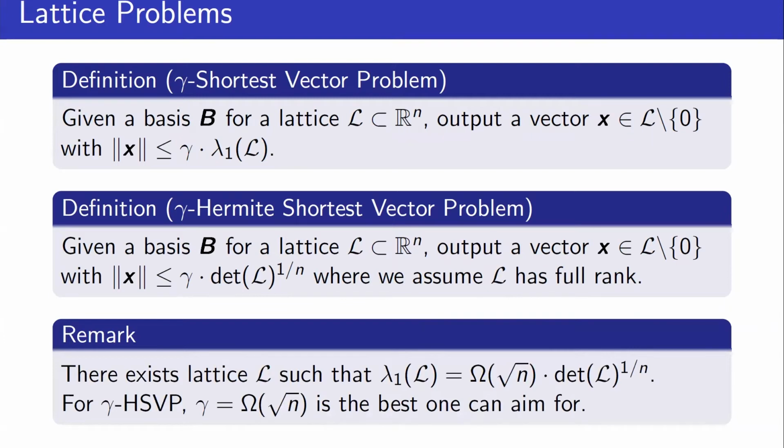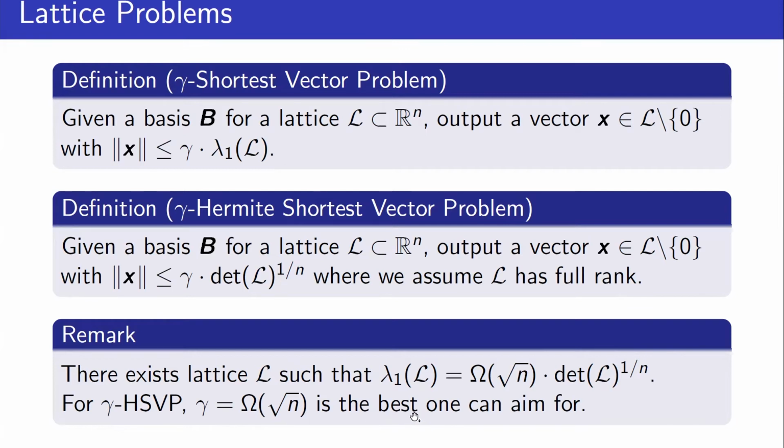And a quick remark, we know that there exists a lattice such that the shortest vector is some constant times square root n times the normalized determinant. Therefore, for gamma-HSVP, the best approximation factor that we can hope for is some constant times square root n.